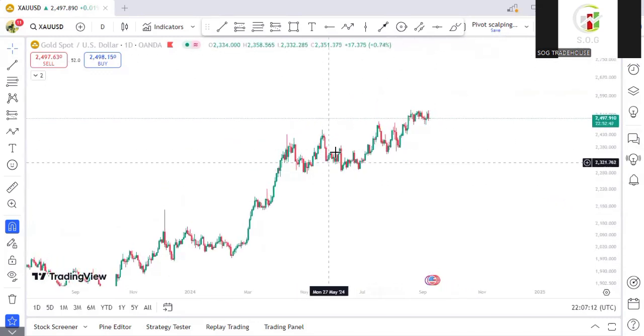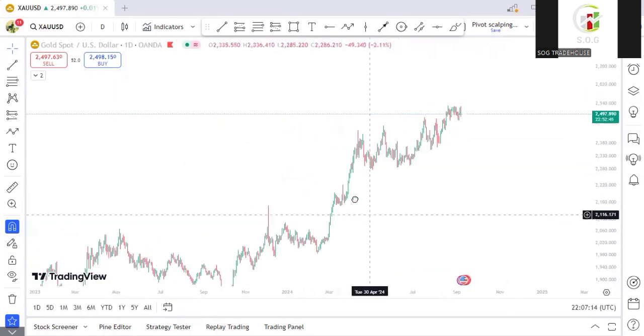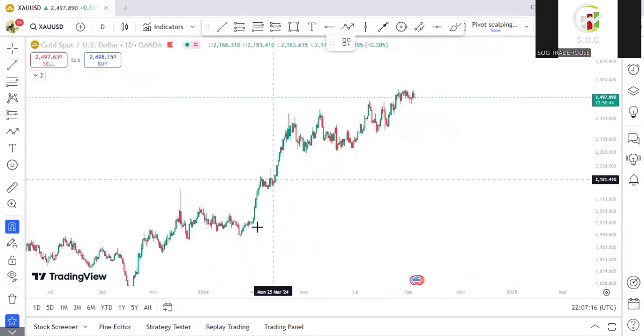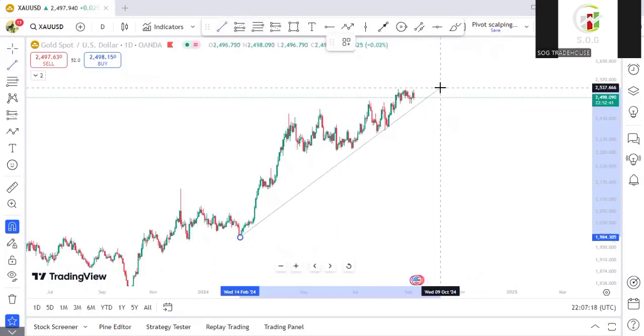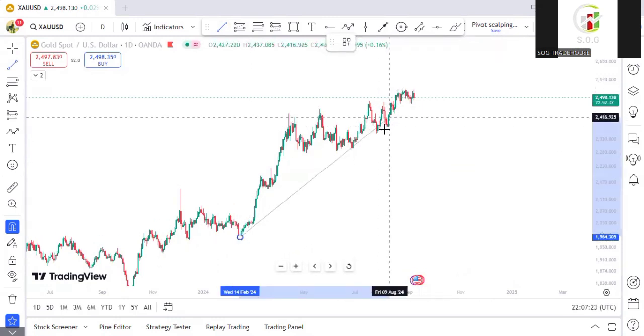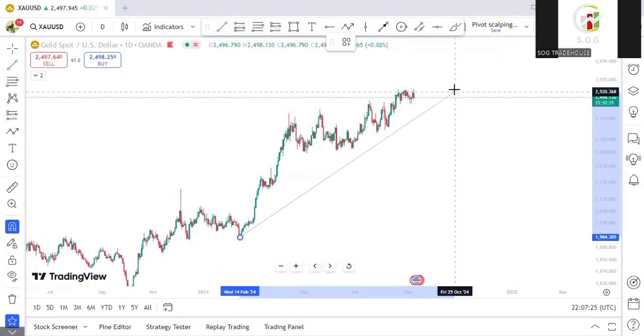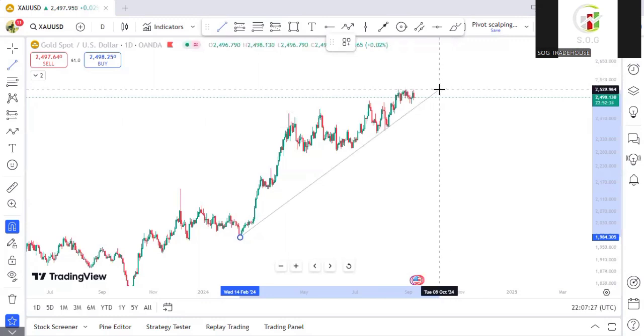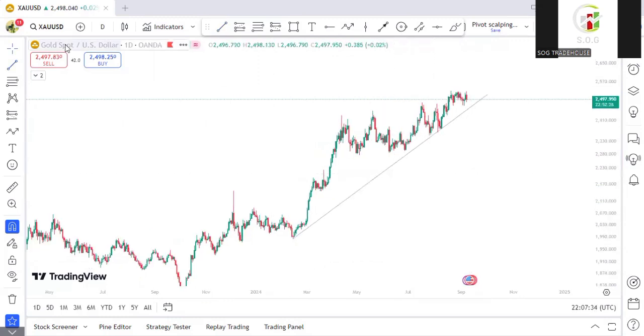So let's connect our trend lines. So there's the first touch, there's the second touch, and then third touch. So if we go down to the 4-hour time frame, I believe it will be clearer there.